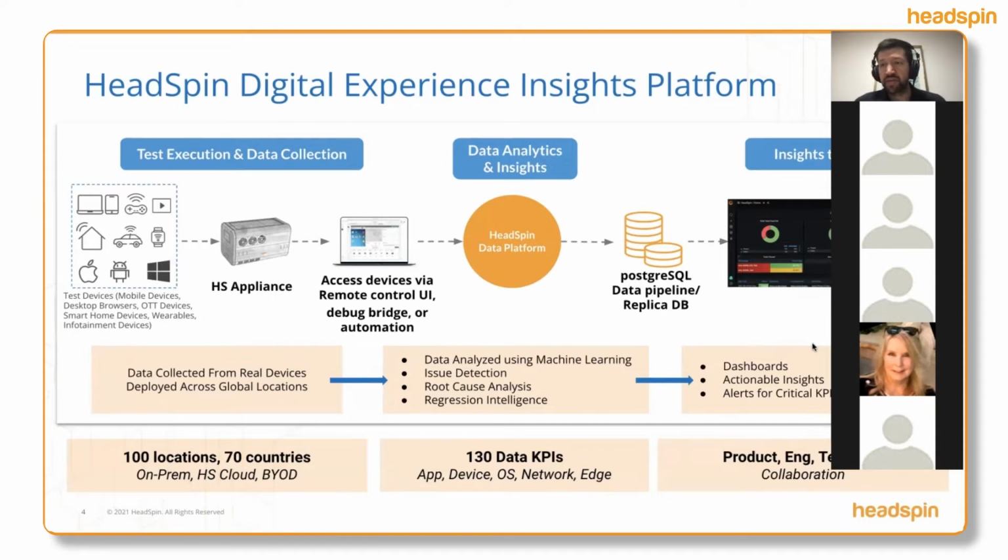These are bare metal devices deployed in our proprietary appliance, which we call the P box, or in some cases the AV box. Essentially, these devices are connected to servers inside of this secured container. Those are deployed in 70 different countries, 100 different locations around the world.